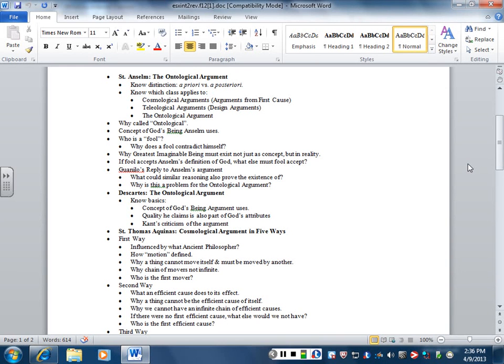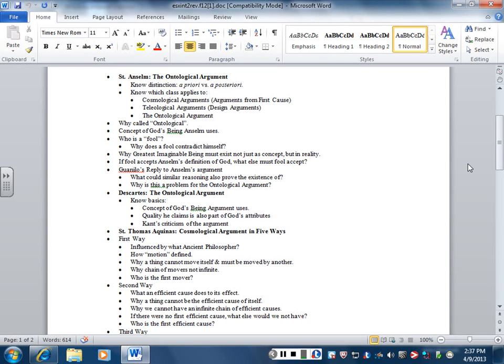Now, we really did not go into design arguments, but Aquinas' fifth way is a very elementary version of the design argument. And I didn't review it, but it is there in the PowerPoint if anybody wants to write on one of these, say, for your critical reflection paper or something. Look at that. Paley's argument is also, of course, a version of the design argument.